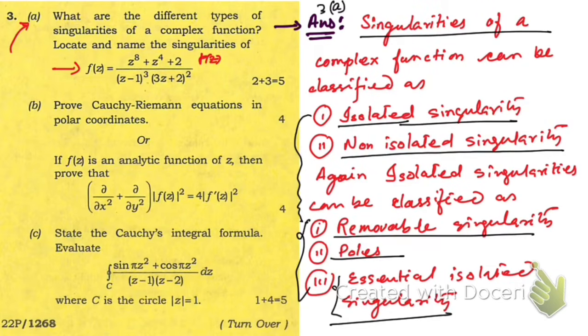P of z, suppose this is h of z. Both are polynomials. In that case, we can obtain the singularities just by equating the denominator with 0 and those are going to be poles of this function.